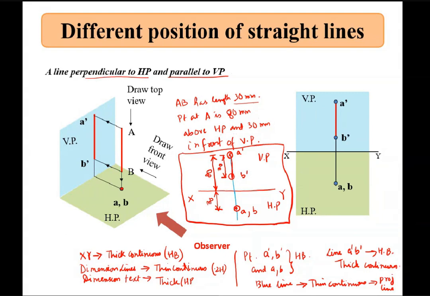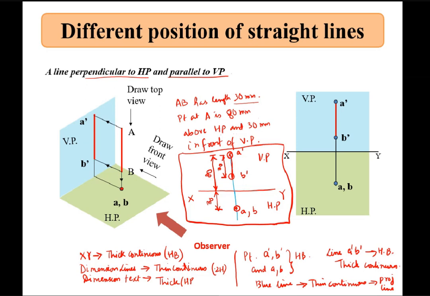Yes, sir. Sir, you have to write the VP and HP on the sheet or not? Yes, you have to write VP and HP on the drawing sheet. Else, if you do not write VP and HP, then also I should be able to understand which one is front view and which one is top view.